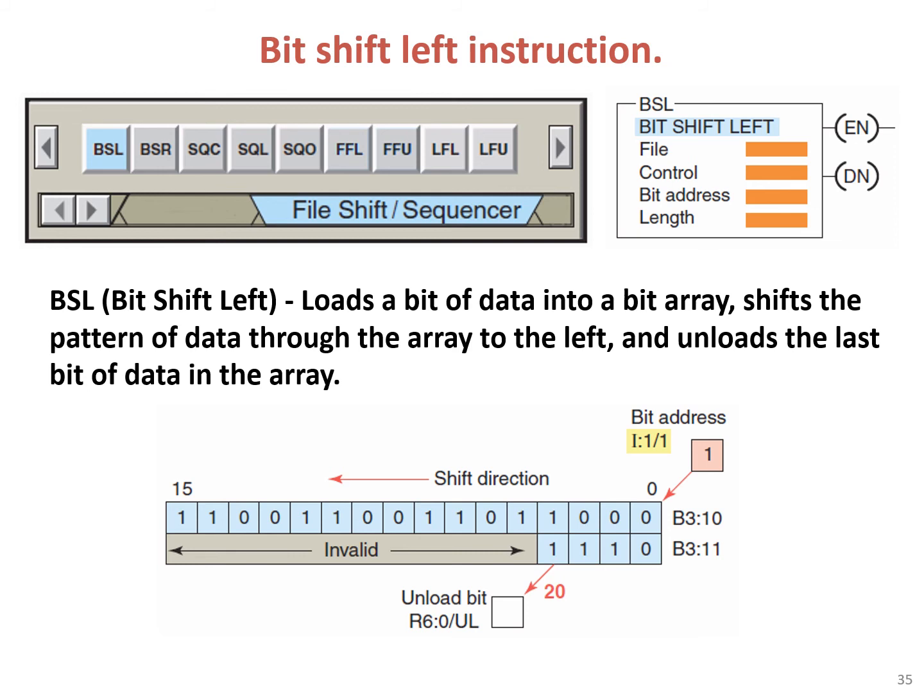Bit shift left instruction. BSL loads a bit of data into a bit array, shifts the pattern of data through the array to the left, and unloads the last bit of data in the array.